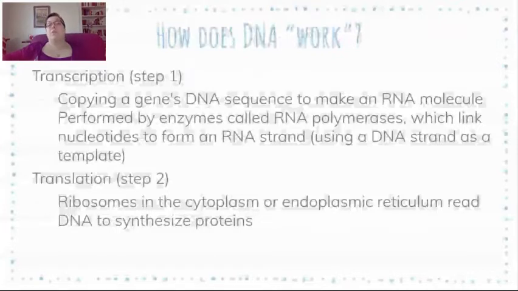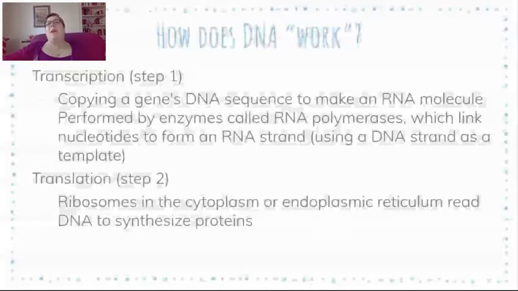So we'll start with the function of DNA. And DNA works in its job of helping your body make protein in 2 steps. Step 1, DNA can't leave the nucleus.